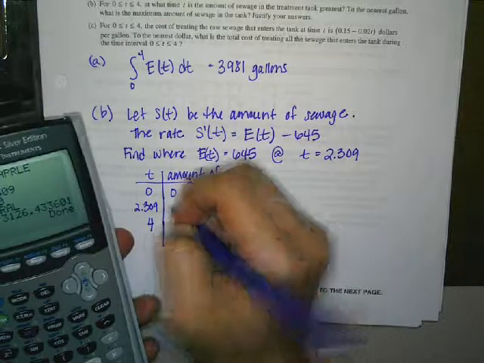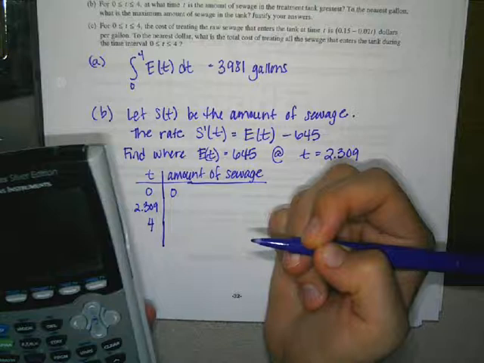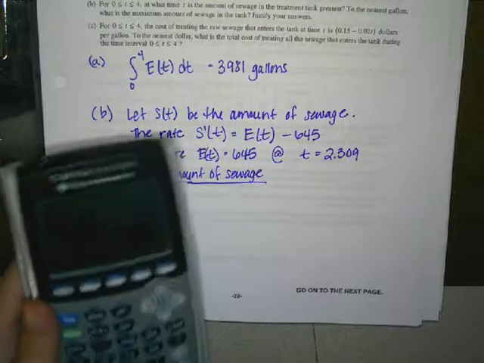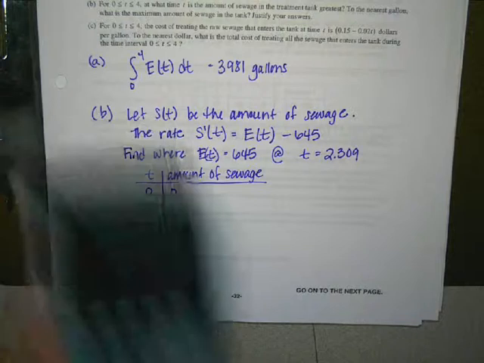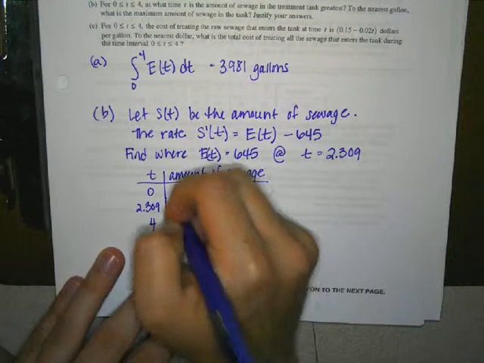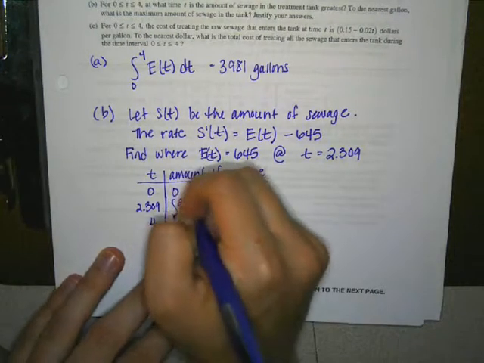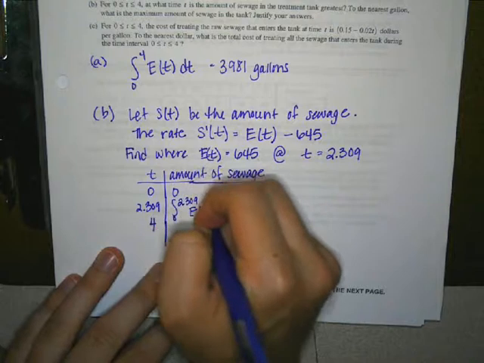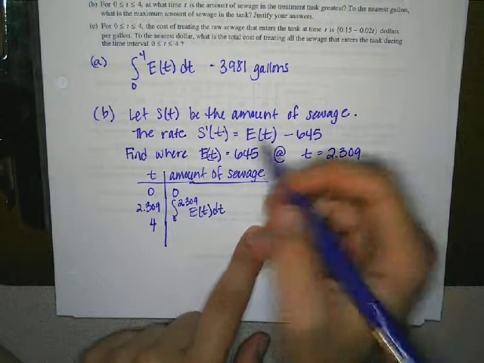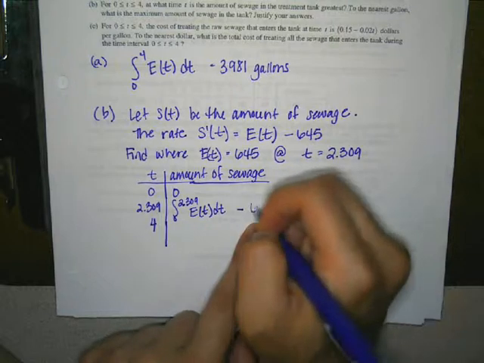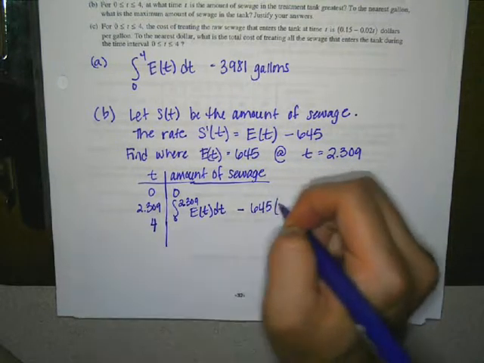Do we have to do S of T minus 645 in our y? Hold on. Oh, you know what? That's fine. We'd have to integrate from 0 to 2.309. And then when you subtract the 645 per hour, yep.